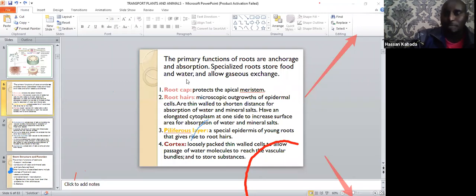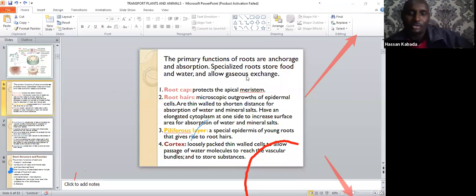We have others that store water, like those that are xerophytic, and others that allow gaseous exchange, like the mangrove in the marine environment or ecosystem. But the core function of these roots is to absorb water and mineral salts and anchor the plant firmly into the soil.